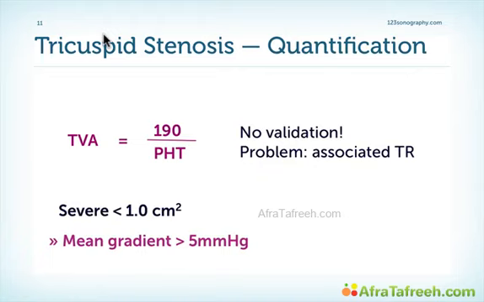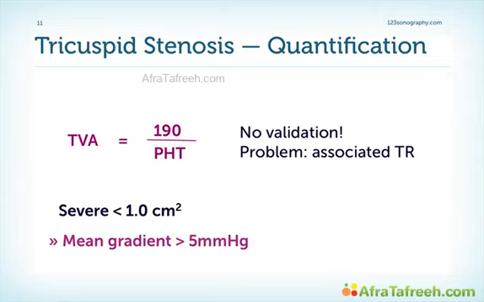There's not very much literature that deals with the question of how to quantify tricuspid stenosis. If you, however, use the pressure half-time method, it's probably better to use 190 instead of 220, with which you divide the pressure half-time. Unfortunately, this is the only method you can use to calculate the tricuspid valve area. Planimetry simply doesn't work. Severe tricuspid stenosis is defined as a valve area below 1 square centimeter.